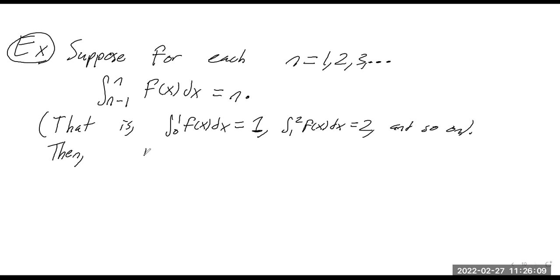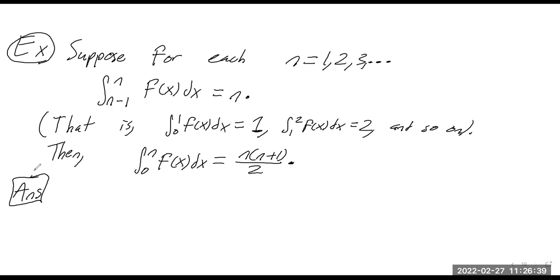Then the integral from 0 to n is going to be the following: n times n plus 1 over 2. Now this uses a finite summation formula, but I think it's a fun little thing you can toy around with here.